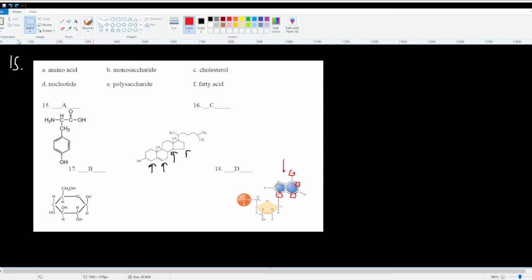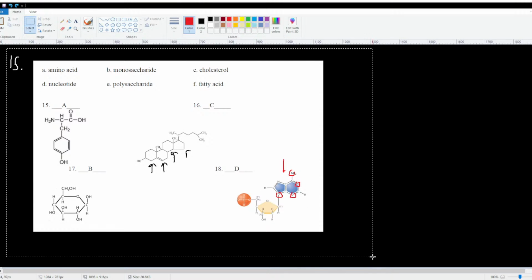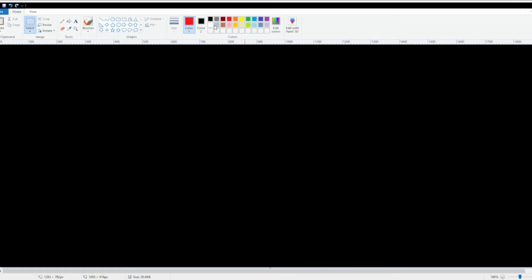So, as a general rule, I think it's really important that all of you recognize the types of macromolecules. The rest is sort of like a written response section.